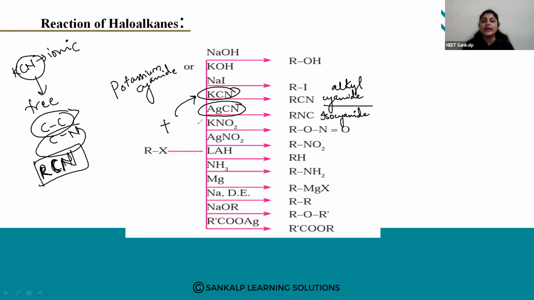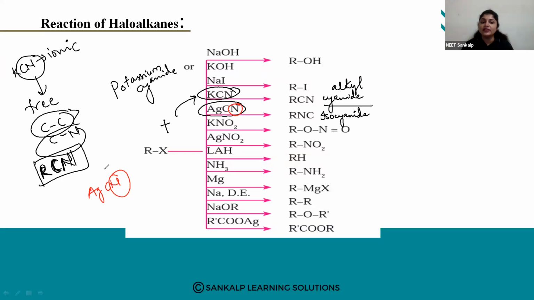Now, when you're talking about AgCN, this AgCN is covalent in nature. So in this case only nitrogen is available for linking. Hence, alkyl isocyanides are formed.